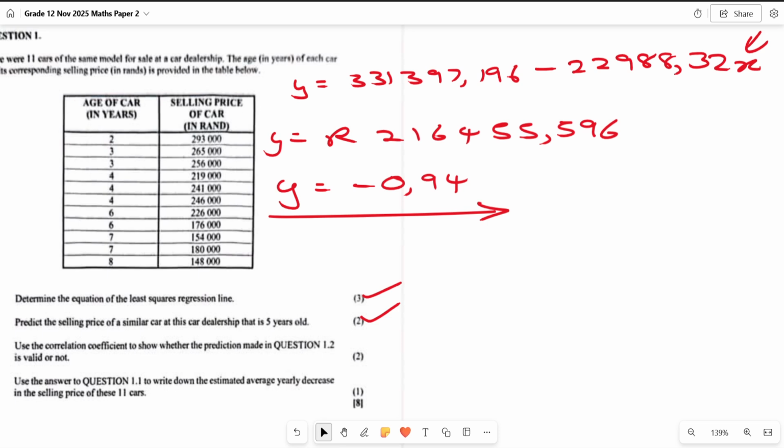Usually, if this sign was positive, we would say it is a perfect positive linear correlation. But this one is negative, so it's negative. Strong or perfect? It's not perfect because it's not -1. So it's going to be a strong negative linear correlation.